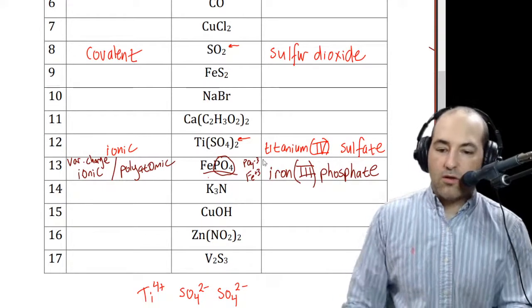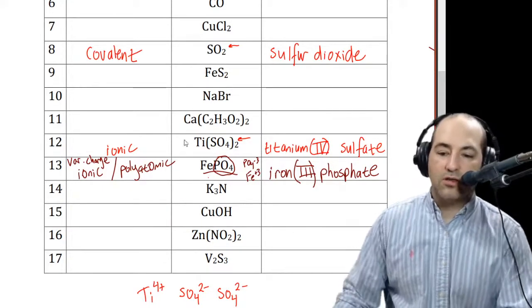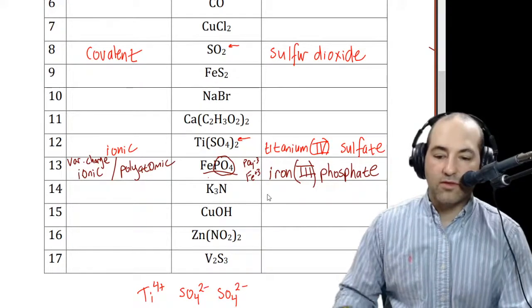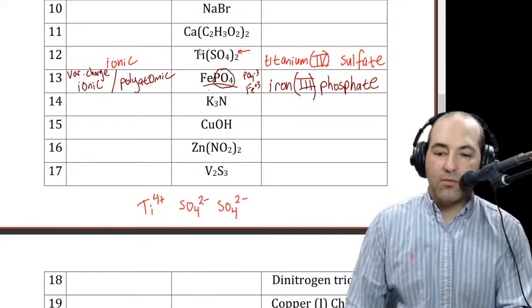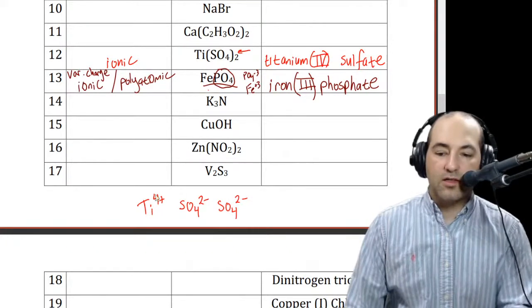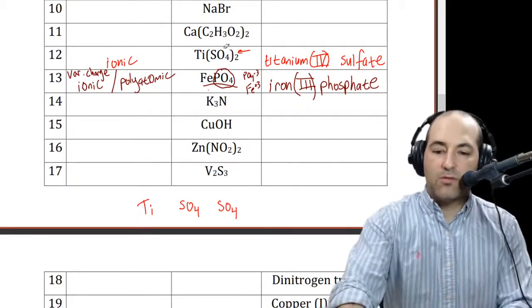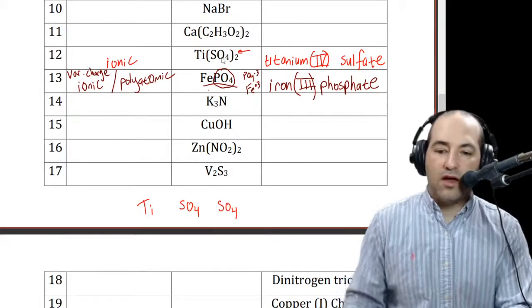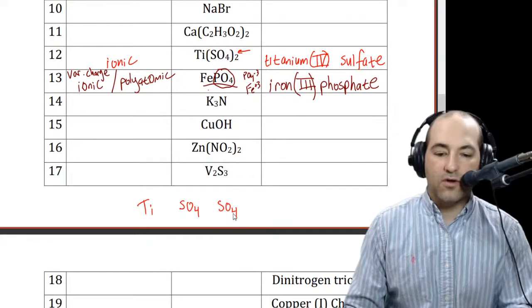Yeah. So again, we have to figure out this charge, we need to look at what's involved in the compound. We looked at this last time. So the formula here, Ti(SO4)2, tells us that we have one Ti and two SO4s.